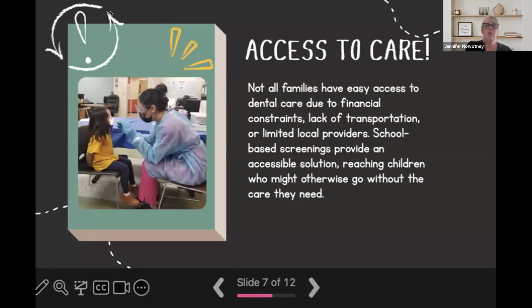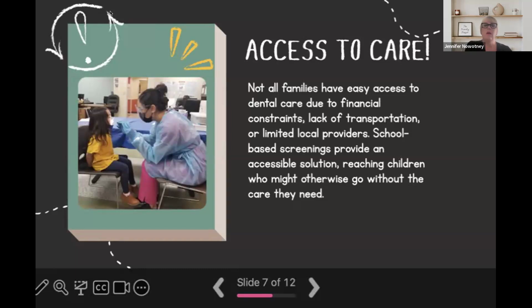Some of these issues could be that there's not a Medi-Cal dental provider in your area, or if there is, there are long wait times for appointments to have your child seen or have issues resolved.